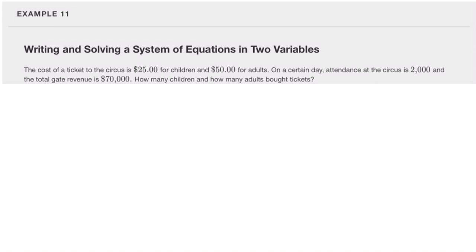Okay, so we're going to compare children versus adults, right? I'm going to just say based on X and Y. Or I kind of want to say C and A, like for children and adults.